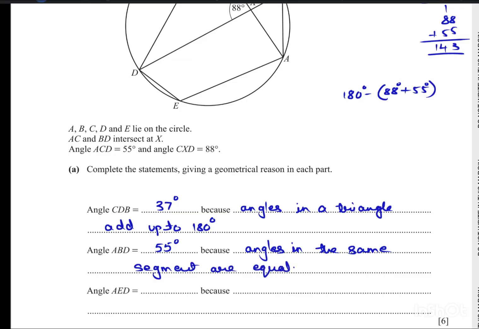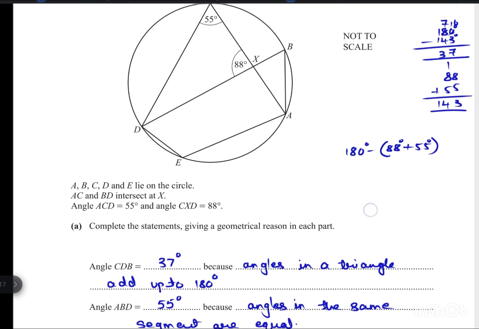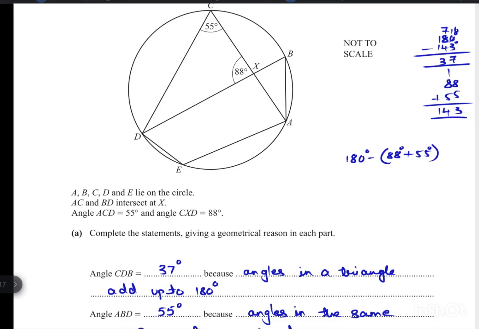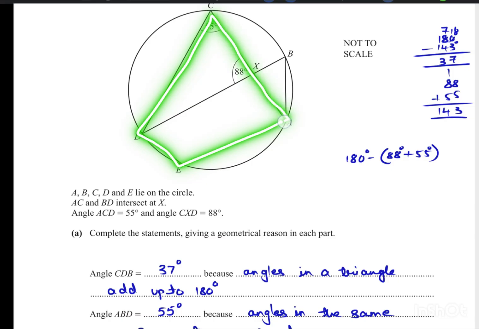Last statement here. Angle AED is this angle. So to get this angle, we need to see that this is a cyclic quadrilateral. AEDC is a cyclic quadrilateral.